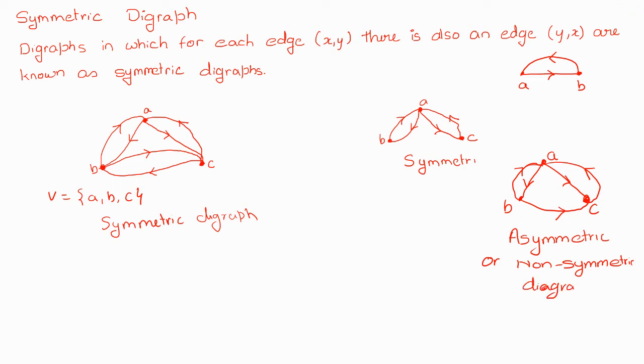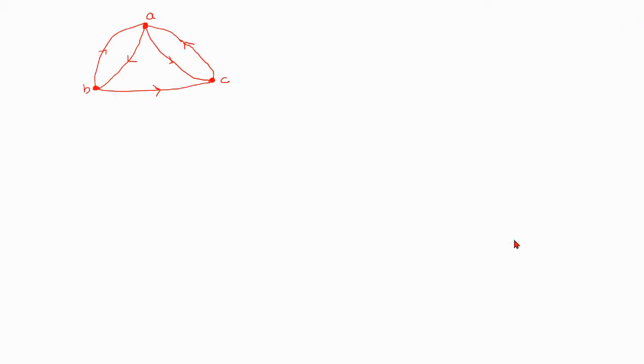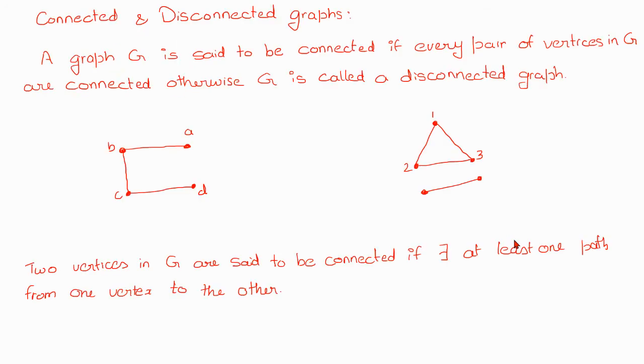So that means this condition that for every edge x comma y, there must be an edge y comma x, is for all the vertices or for all the edges in a graph. Even if any one edge is missed, then it is not a symmetric diagram. So this is not a symmetric diagram.